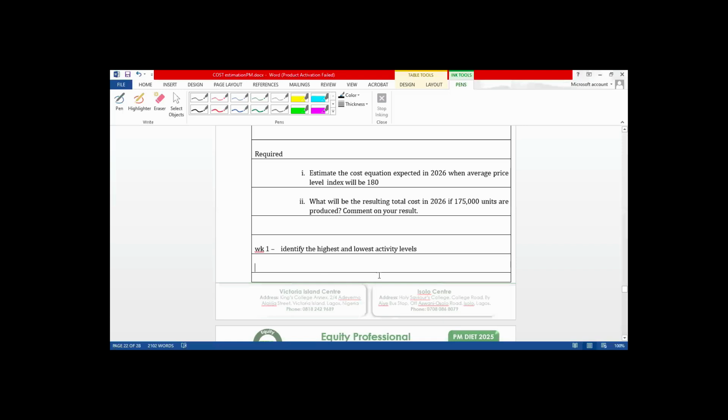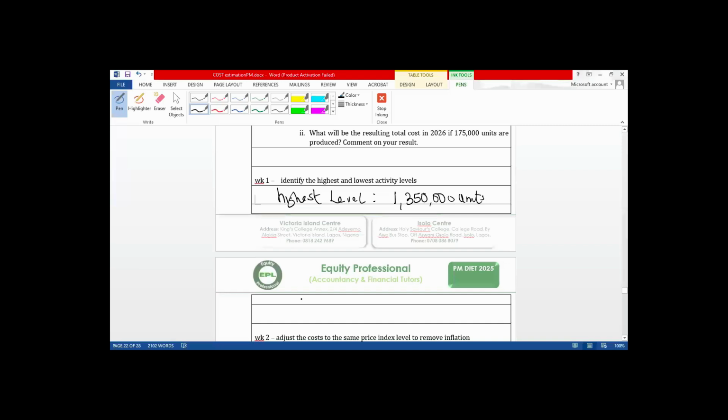I'll identify the highest level, which is 1,350,000 units. The lowest level is 900,000 units.